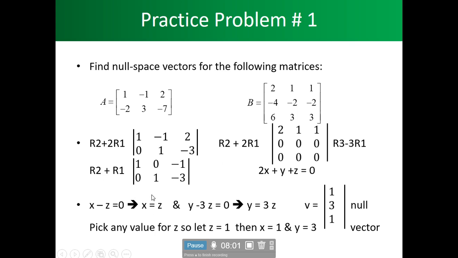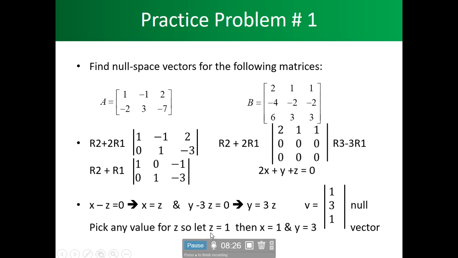And we have for this set of equations y minus 3z equals 0. So y equals 3z. So our null vector, we can pick any value for z, any value.